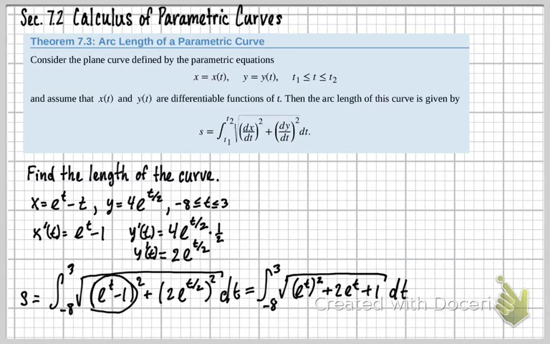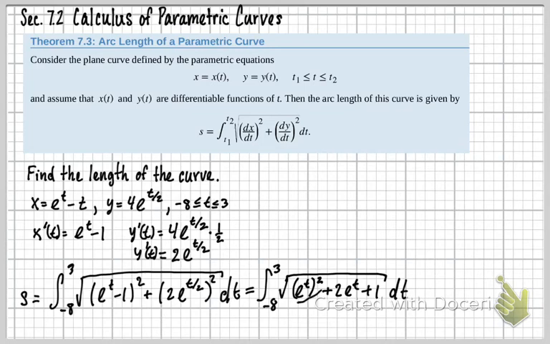Now one thing to remember here is that this (e to the t minus 1) squared is really (e to the t minus 1) times (e to the t minus 1), and I actually have to FOIL that out. So I'm going to get more than just e to the 2t plus 1. So be careful with that. It's actually a FOIL there. So anyways, I end up with this here.